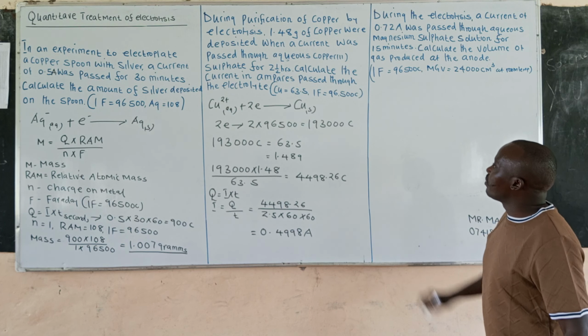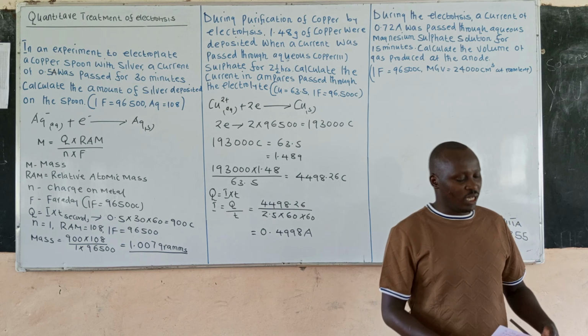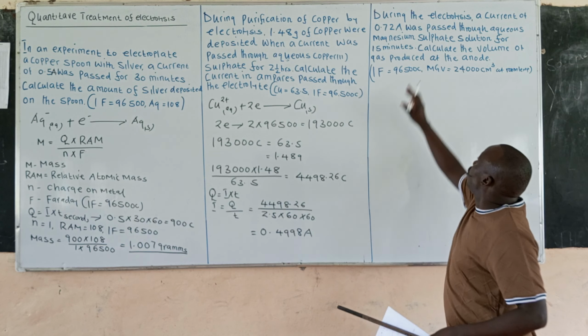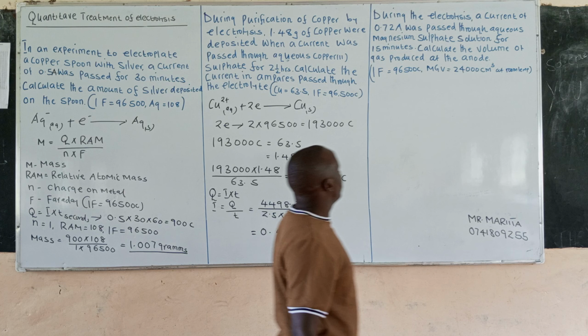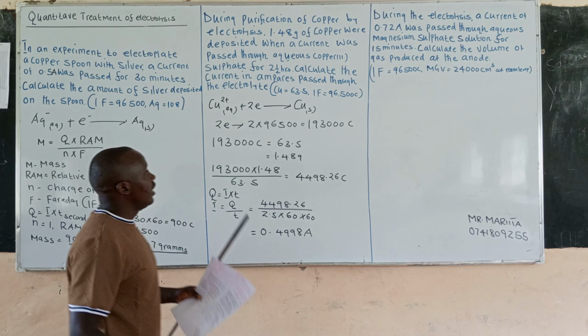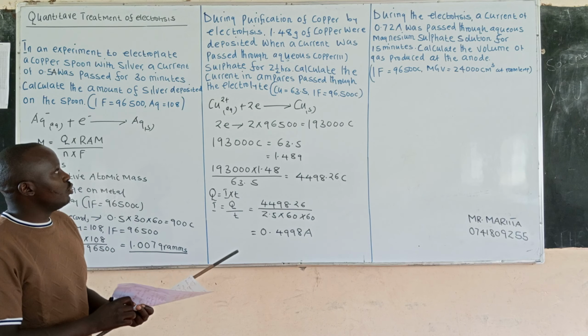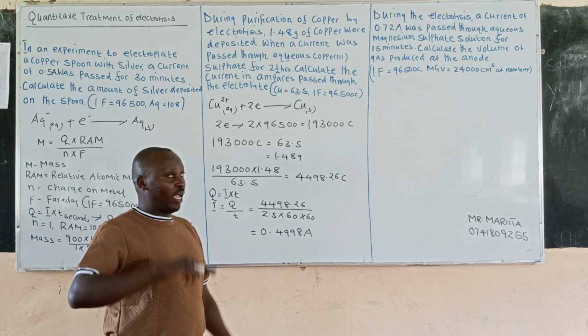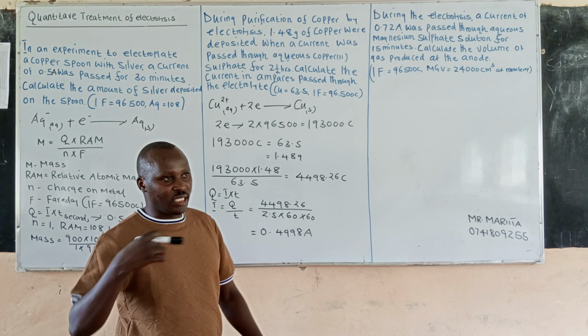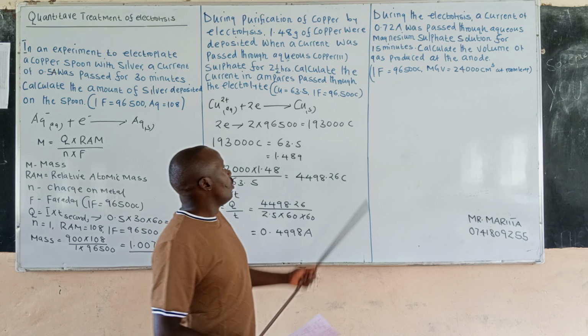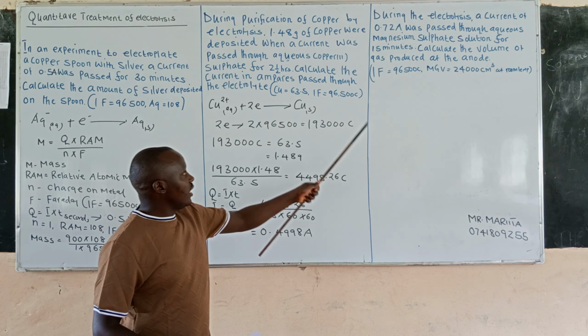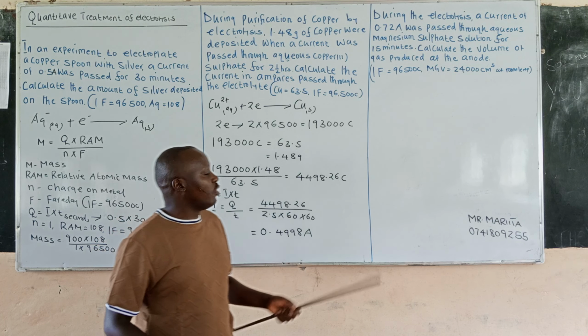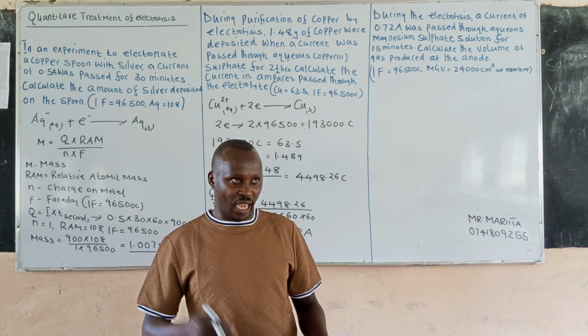Calculate the current in amperes passed through the electrolyte. During electrolysis, a current of 0.72 amperes was passed through the aqueous magnesium sulfate solution for 15 minutes. Calculate the volume of the gas produced at the anode.